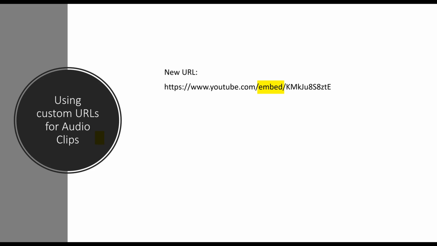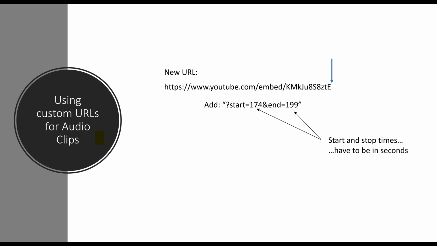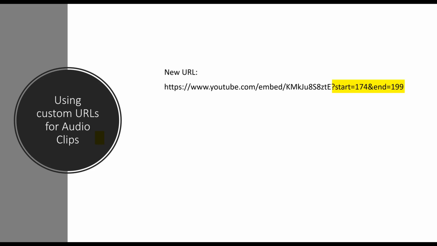Now once you've done that, you put your cursor at the very end of the URL, and you've got to include this text. Now this text tells you where the video clip starts and where it stops, and these times are in seconds. And you simply place that right at the very end. And now you could copy this entire URL, and this is how it looks.